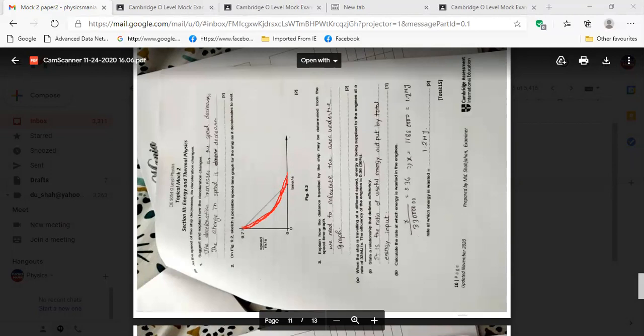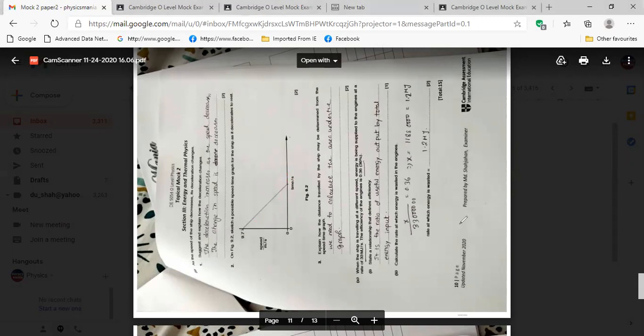Let me see, is it minus 1 or minus 2? Okay, you gave minus 1 for the decreasing gradient, but it should be minus 2, because the gradient was constant there, right? Yes, sir. So it should be minus 2. Okay, sir.